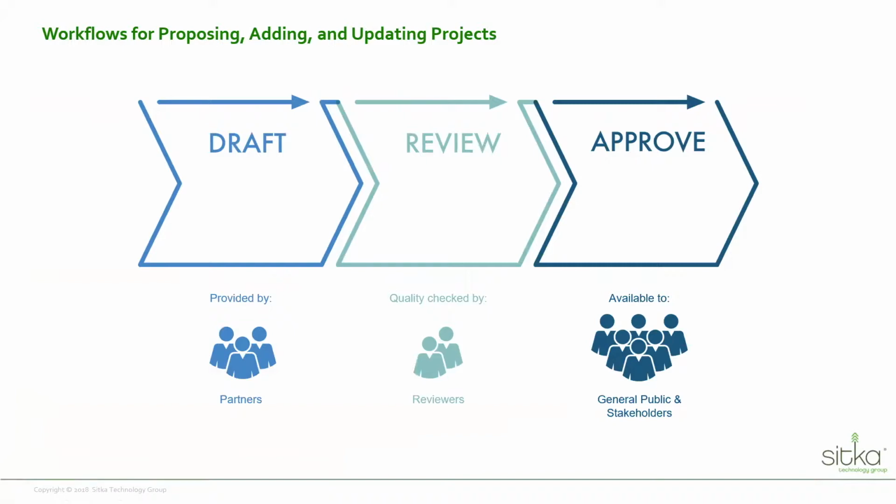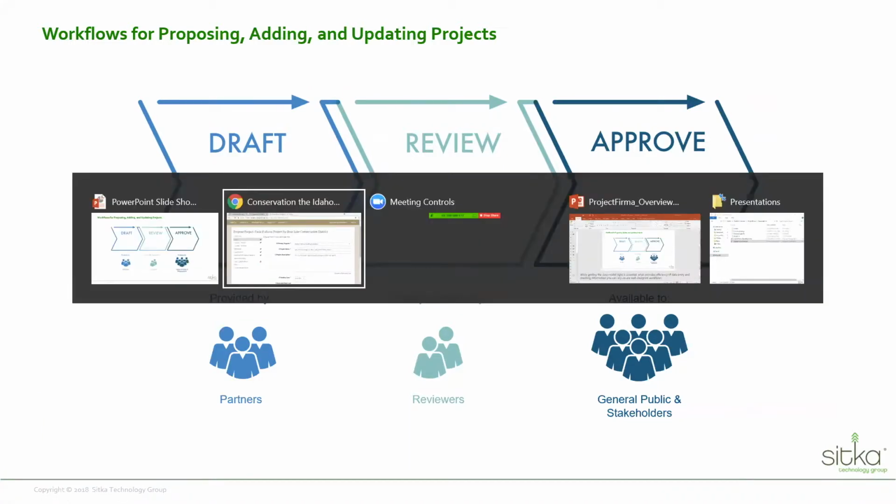Once the data has been entered, you can submit the proposal where it will be reviewed for completeness by the project tracker administrator. After the administrator has reviewed the data, they will either return it to you for any clarification if needed, or approve the proposal, at which point it will become visible in the tool for public consumption, and the accomplishments and expenditures of that project will be part of the total project record for the state of Idaho.